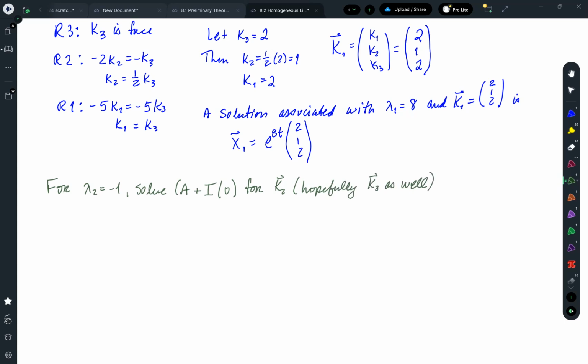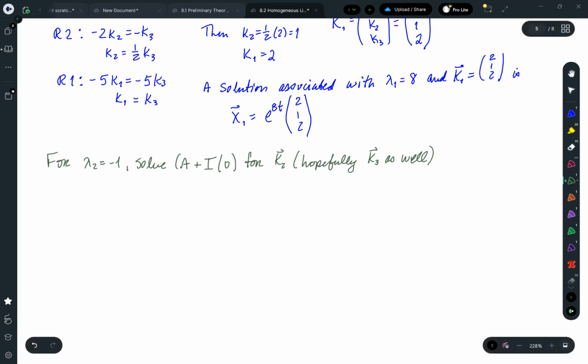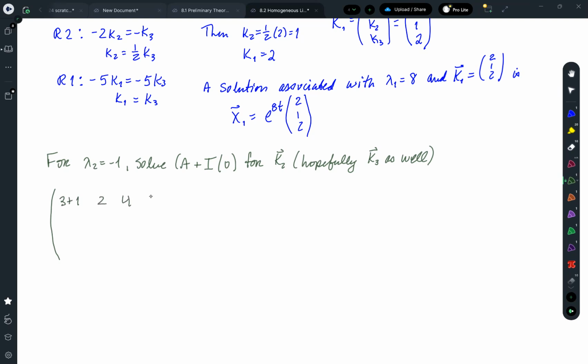All right, so when we plug in lambda 2 is equal to -1 into A minus lambda I, we get a matrix that has components. Let me go back to it. We have 3 minus a -1, so it's 3 plus 1, 2, 4, 0.